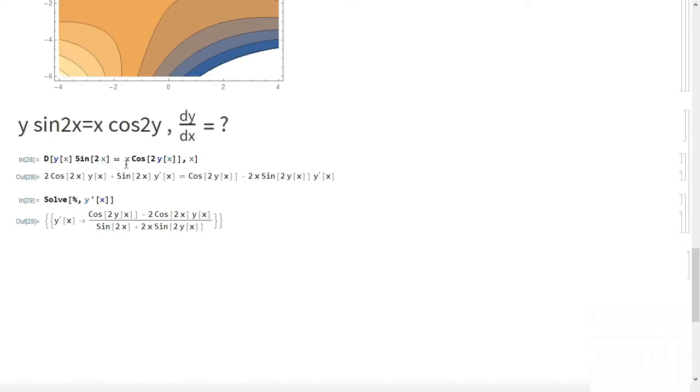And let's try to plot this y sine 2x equals x cos 2y. Again we will use contour plot. Oh sorry, it was in another format. Contour plot. I'm going to type y space sine 2x, then equals x cos 2y.